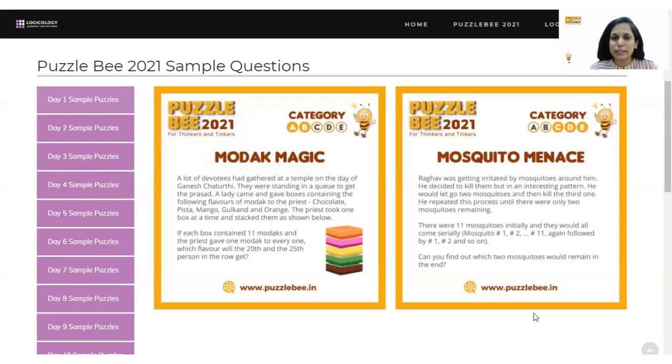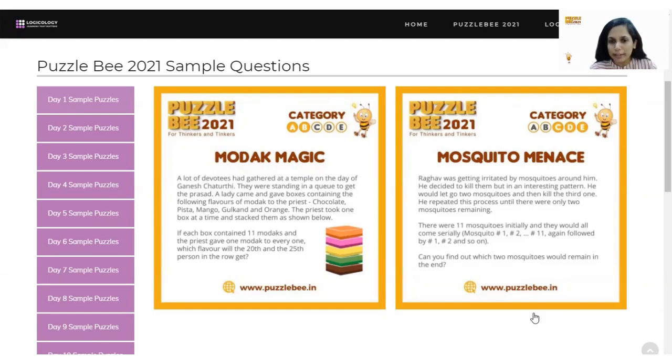So let's first begin with Modak Magic. A lot of devotees had gathered at a temple on the day of Ganesh Chaturthi. They were standing in a queue to get the prasad. A lady came and gave the boxes containing the following flavors of modak to the priest. Now what were the flavors? Chocolate, pista, mango, gulkan and orange. The priest took boxes one at a time. He stacked them as shown here.